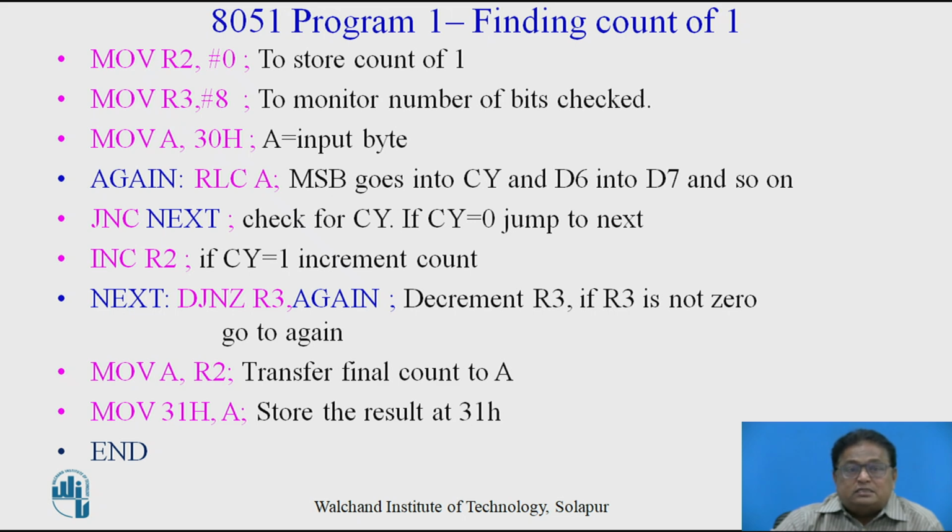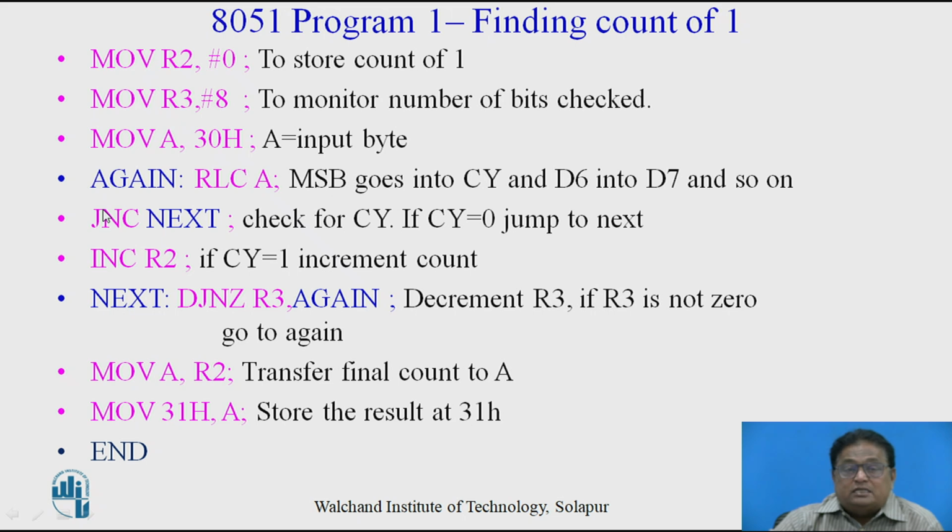Now do this again. For that, decrement the R3 register. If it is not equal to 0, go again to the instruction whose address is again. So the next bit will come into the carry bit, and again it will be checked whether carry is set or not. If the carry bit is set, then R2 will be incremented.